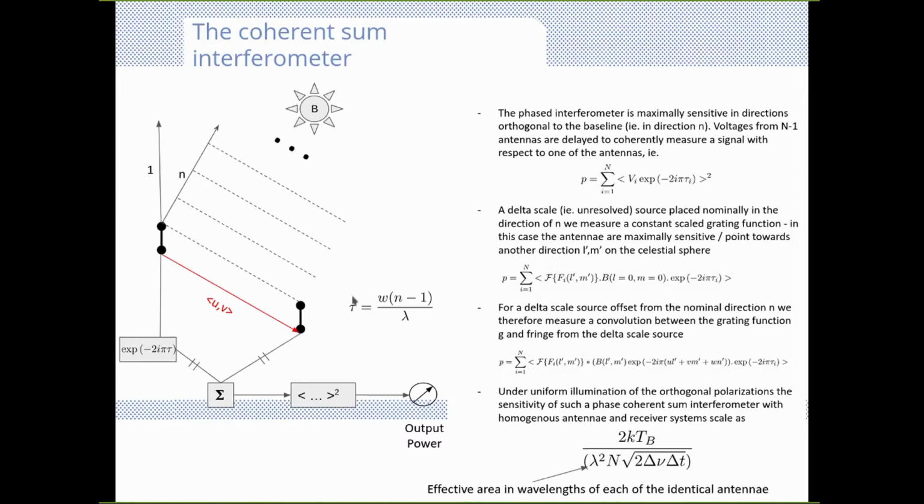This is purely geometric. There's at this point no form of calibration error, right? So this is just a pure geometric relationship, and it essentially moves the antennas up and down with respect to some reference point. Let's say the reference point is picked to be the first antenna in such an array. Then if we've introduced this delay, all the antennas in such an array are going to coherently measure the induced voltage from the incoming wavefront from a source in the far field between any two antennas, right?